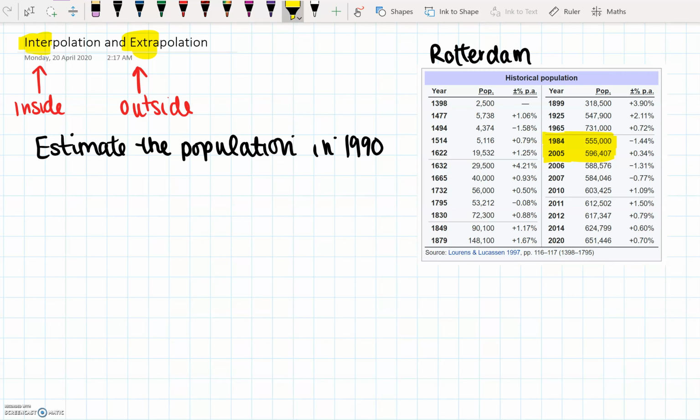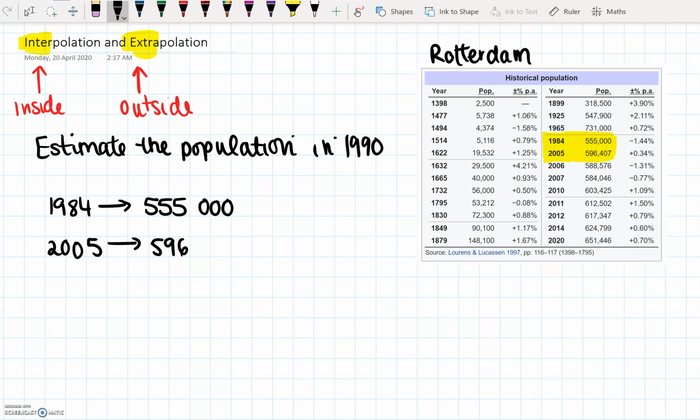So for 1990, we have firstly 1984, so we need to look at our two points. We have 1984 is 555,000, and 2005 is 596,407.